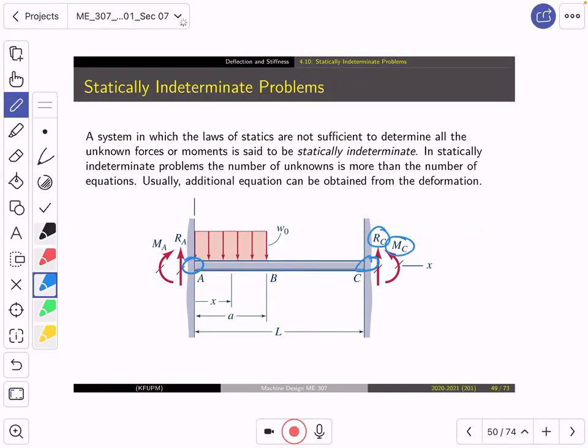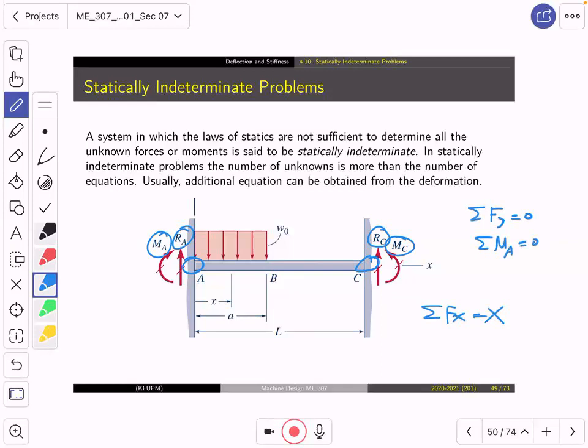Now, if you look carefully, we have RC, MC, RA, MA. How many unknowns? 4 unknowns. How many equations do we have? Summation of forces along x doesn't work. Why? There is nothing happening in the x direction, so it gives you nothing. So you have only summation of forces along y equals 0 and summation of moments at point, for example, A equals 0.